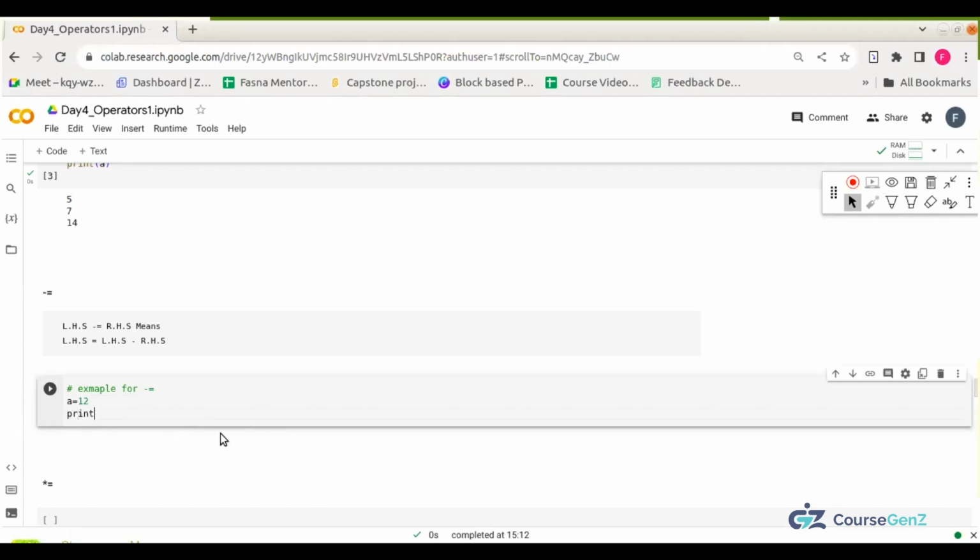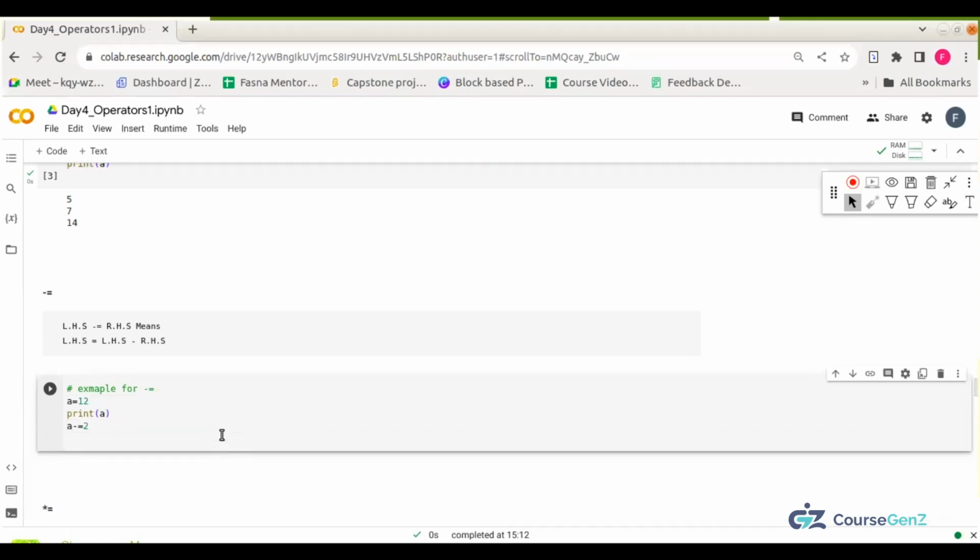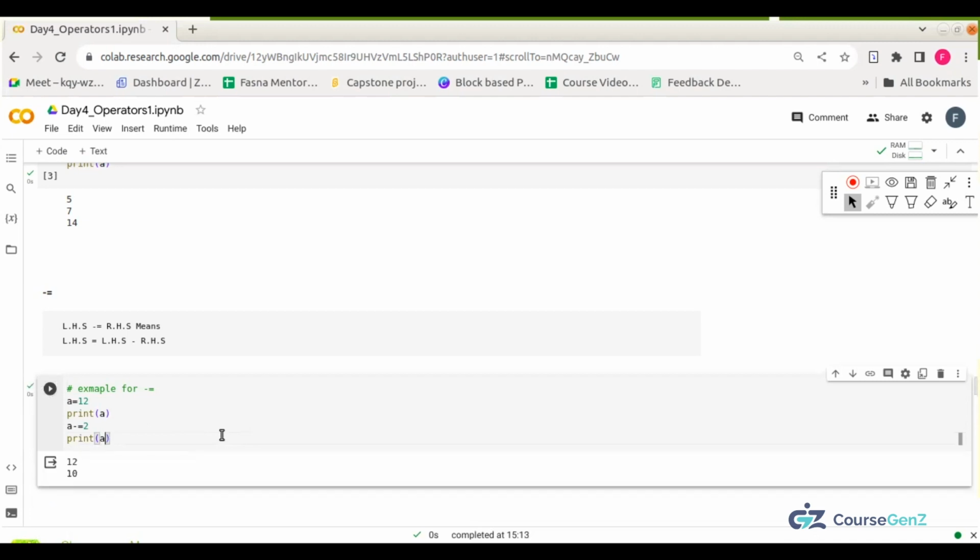Let's print a here. a minus equal to 2. So now let's print a. From 12 it will be reduced to 10 here. a is equal to a minus 2. I think it's clear right now.